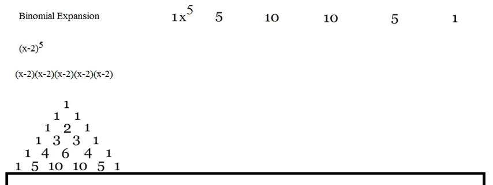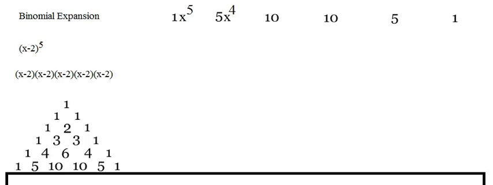Then I go to my next number, and I do x to the power of, you go down 1, so 4. And again, I got 1, 5, 10, 10, 5, 1 from this line, and I knew to use this line because it's 5. So I want the fifth line, and each line is named for the second number in the line. So 1, 5, 10, 10, 5, 1.